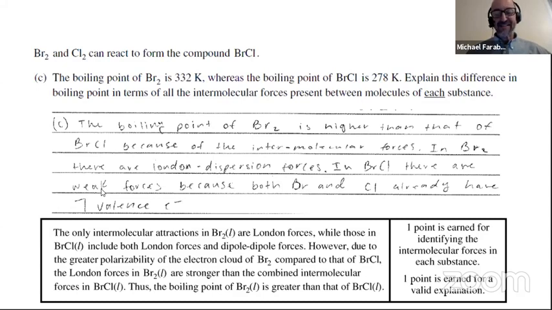They also did not state in their answer that the intermolecular forces, or IMFs, in Br2 are stronger than the IMFs in BrCl. So they actually did not earn any points on this question because they were not complete. So again, read the question carefully and make sure that you are answering the question that is being asked. All right, here's our next one.